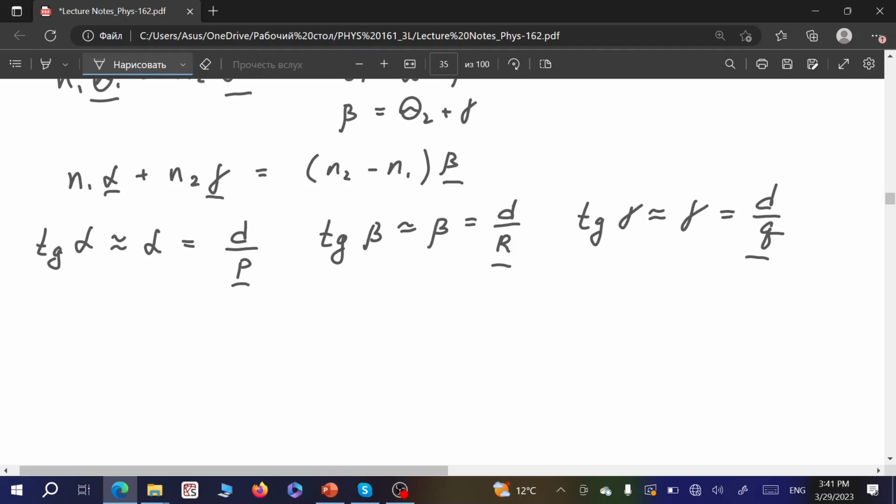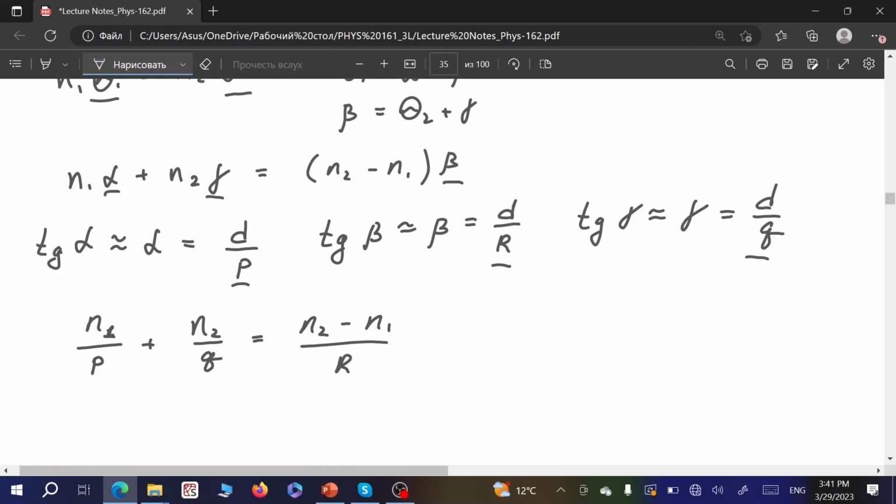So the general equation for forming an image with refraction will look like this: n1 over p, which is the distance from the object to the interface, plus n2 over q, which is the distance from the interface to the image, will be equal to n2 minus n1 divided by r.